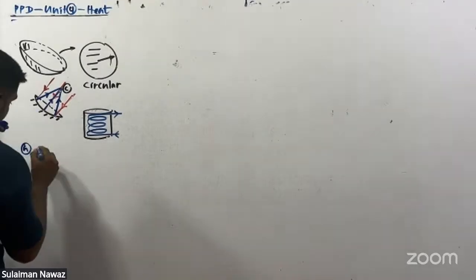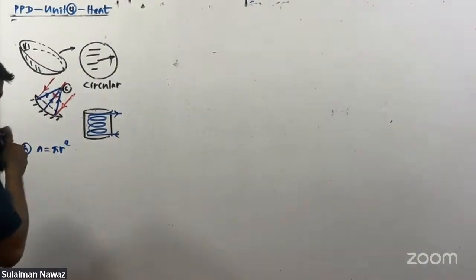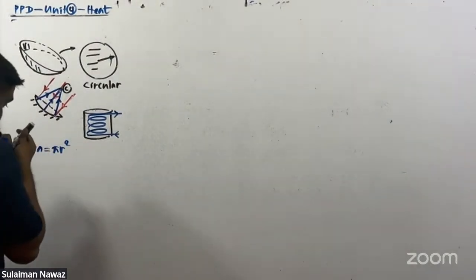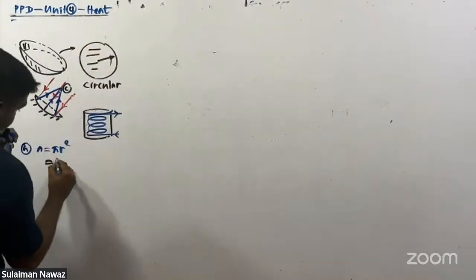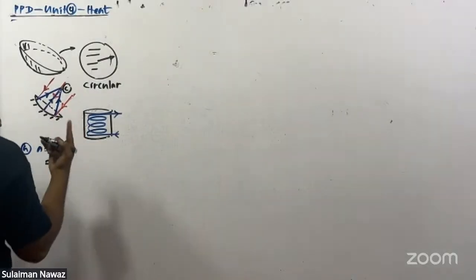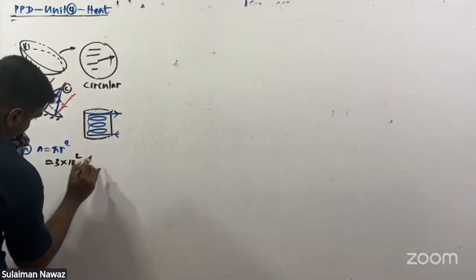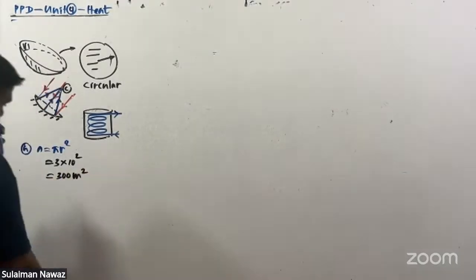We know that is pi r square. I think they are asking us to consider pi as 3. Then you can find the aperture circular surface area: 3, diameter is 20, then the radius is 10, then 10 square. Then the total aperture area is 300 meters square.